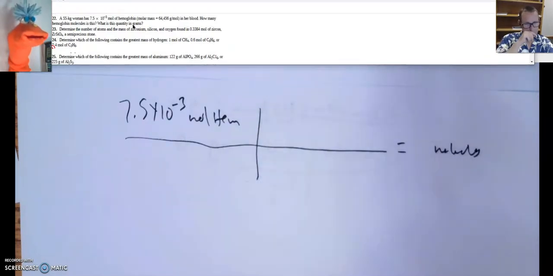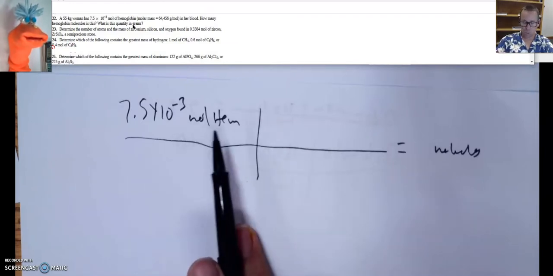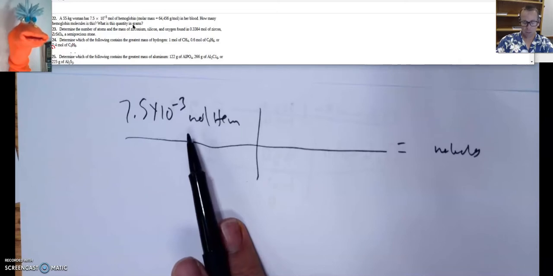Well, if that's how many moles I have, now this is where it can be kind of confusing, because how molecules of hemoglobin and moles of hemoglobin relate to each other can be confusing. What you want to do is, when it gets confusing like that, replace this moles of hemoglobin with dozens of hemoglobin. And then you think about how, if you were to say I had this many dozens, how many do I actually have? You'd want to get this value and multiply it by 12, right?